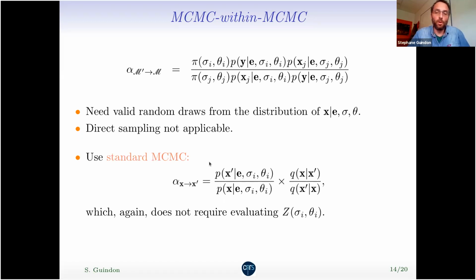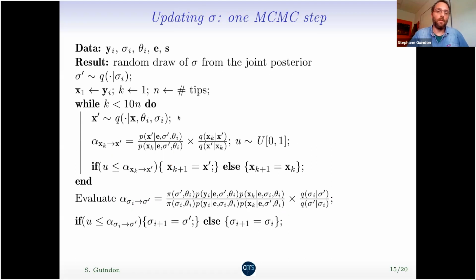All right, so for the pseudo trees and pseudo locations, we obtain valid random draws by applying a standard Metropolis-Hastings type of algorithm. And calculating the acceptance ratio for this part of the algorithm doesn't involve calculation of the problematic Z terms.